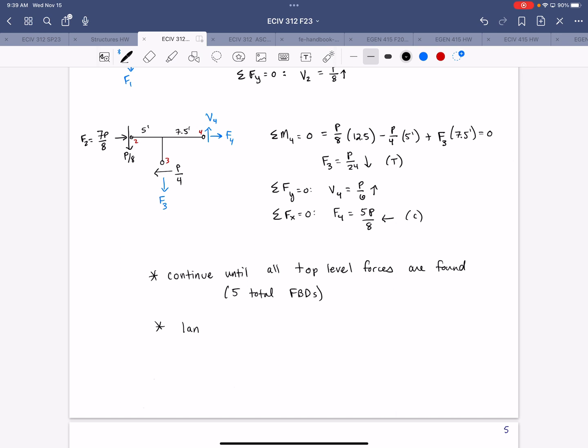And on the last joint at each level, sum forces in Y to find the column axial force.